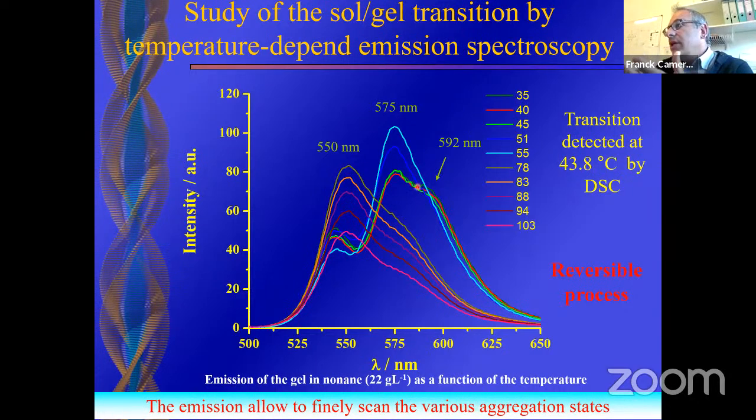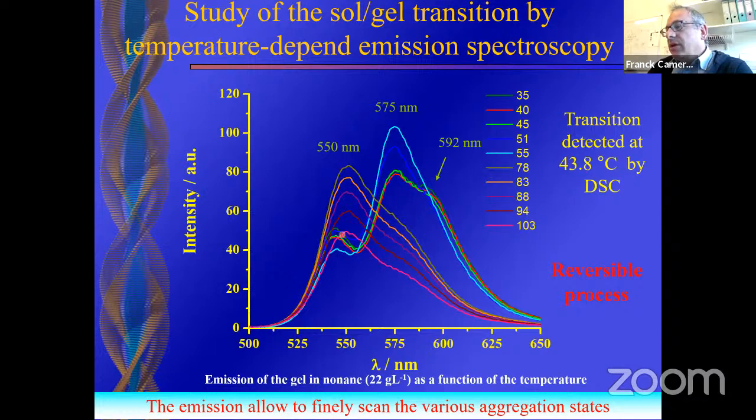And when the gel really forms, you have longer aggregates, and you have a new emission here, which appears as a shoulder, which is due to extended aggregates. So you can really follow the process of the formation of the gel by starting from isolated molecules to dimers and to multimers.